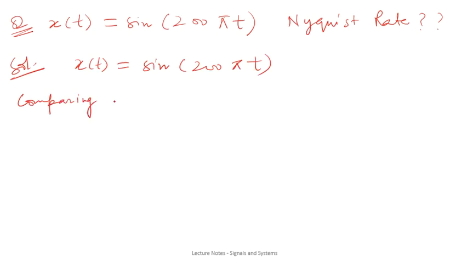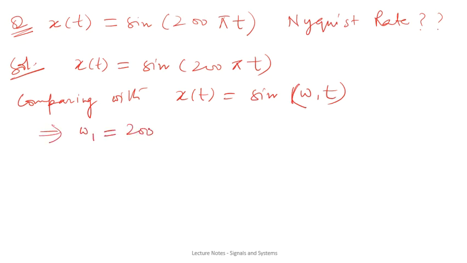you just compare it with the standard form, that is x(t) equals sine of omega t. So from here you can see that omega 1 is equal to 200 pi, or in terms of frequency, f1 should be equal to 100.